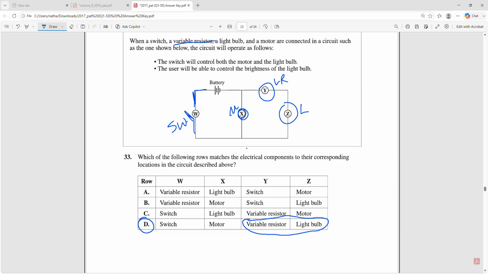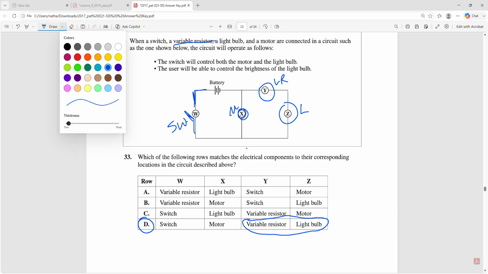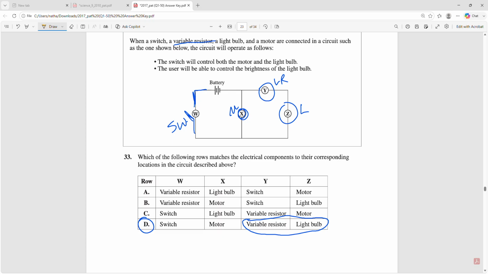So let's see, if I open this circuit, in order to have electricity flow, we have to have a completely closed circuit. So it has to be able to go here through the motor and continue back to the battery to keep the electricity flowing. But electricity cannot get through when the switch is open, so the motor would not operate.